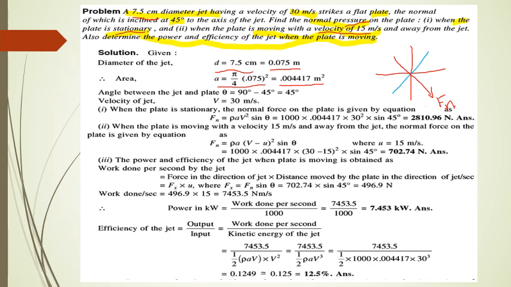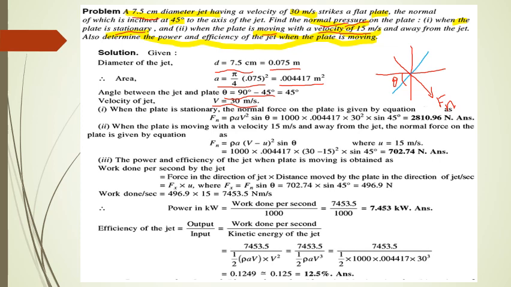Here the angle between the jet and the plate, this theta value, is given as 45 degrees. Therefore, in the question, velocity of the jet is given, v equal to 30 meters per second. What have they asked? Normal pressure Fn for the stationary plate and moving plate. So first I am solving for the stationary plate.